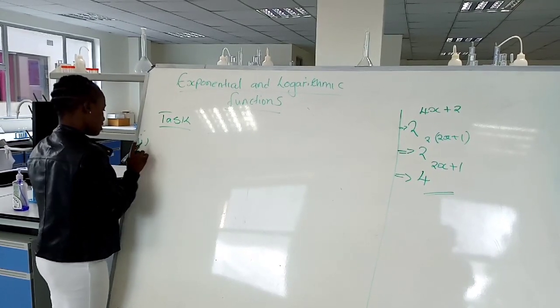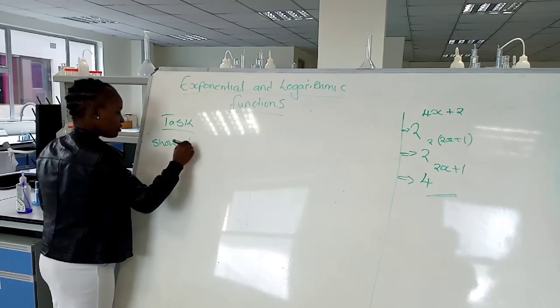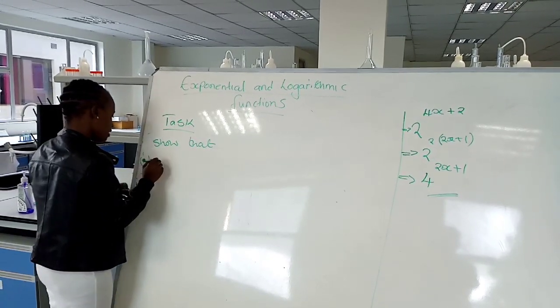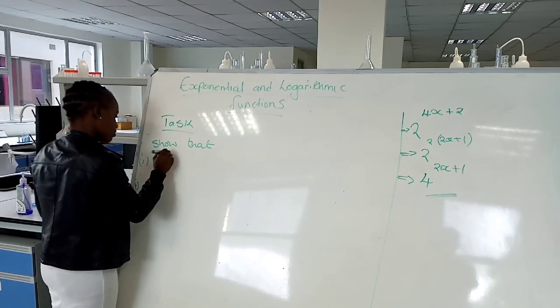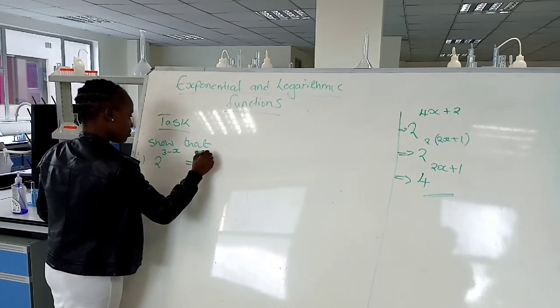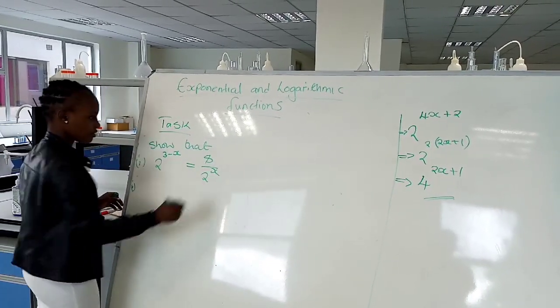The first question is, show that 3 to the power minus x equals 8 over 2 raised to the power x.